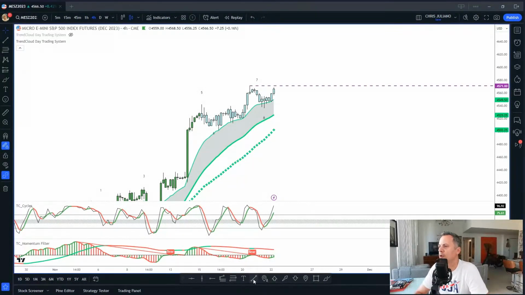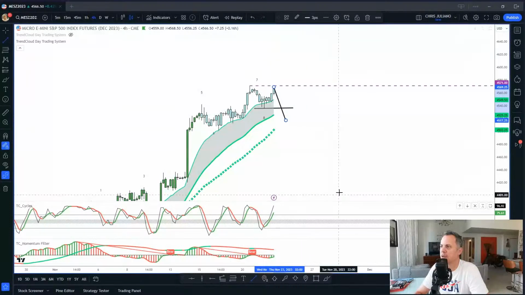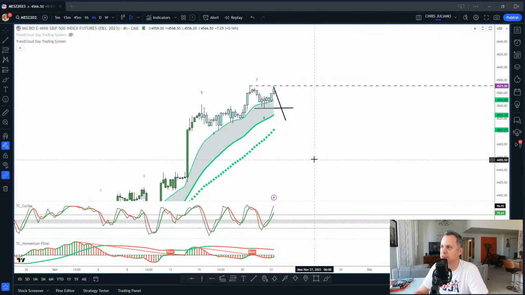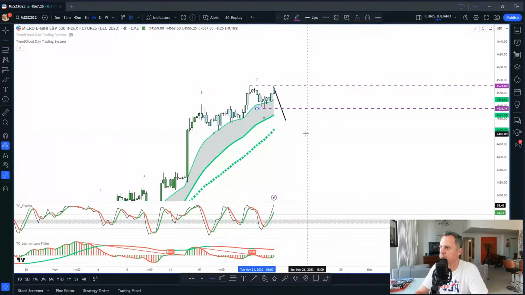So what does a classical trend reversal pattern look like? Take a look here. We've got this bottom right here, and as soon as we cross that bottom level, that's a classical charting pattern where we would say we have trend reversal right there.